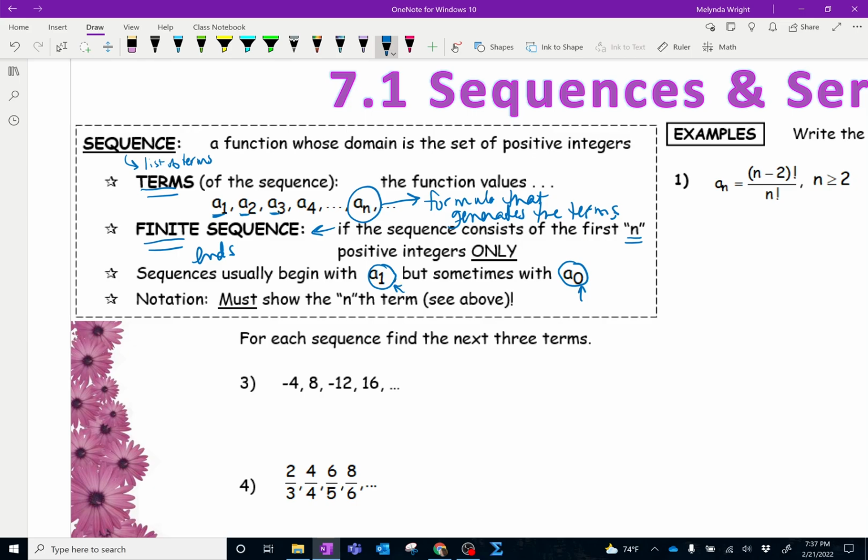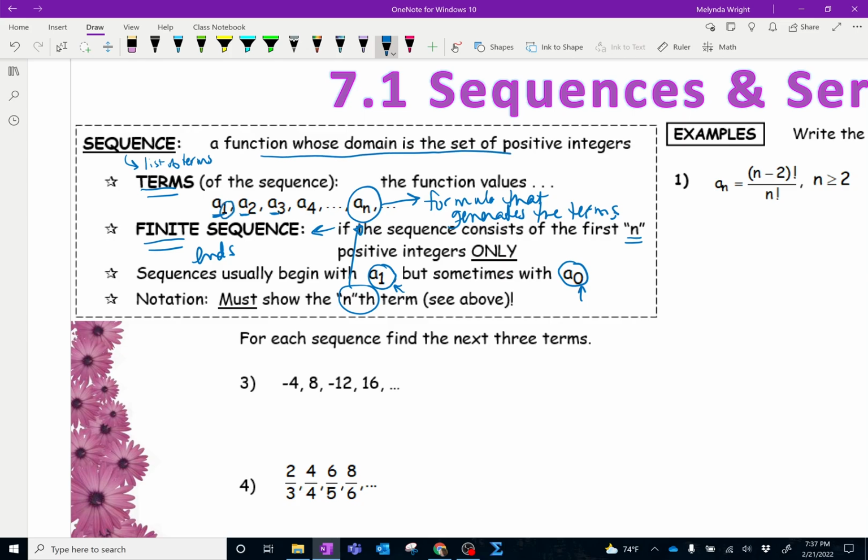And so in our notation, we have to show the nth term. And the nth term is this formula. That's our notation. It means a function whose domain is the set of positive integers.